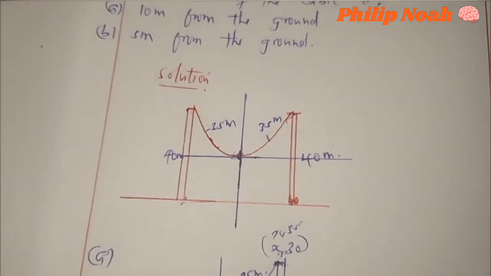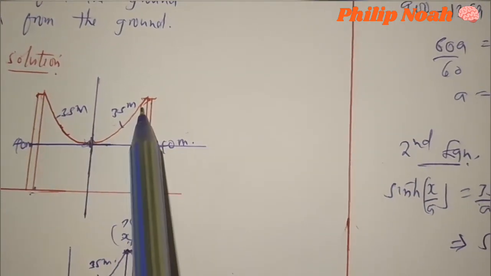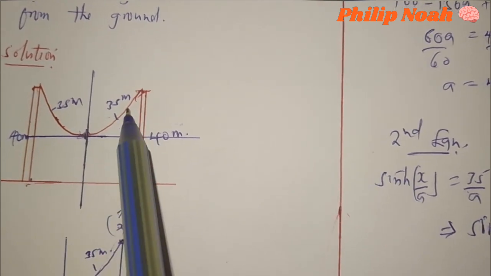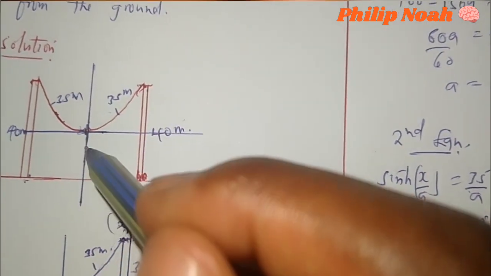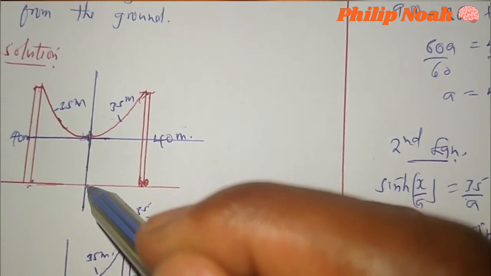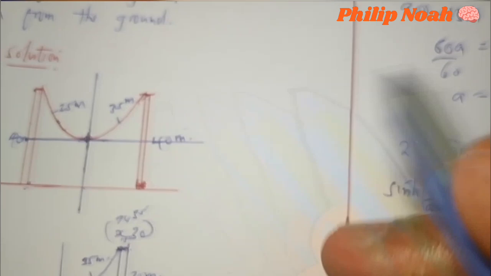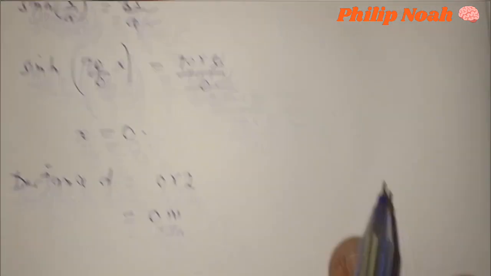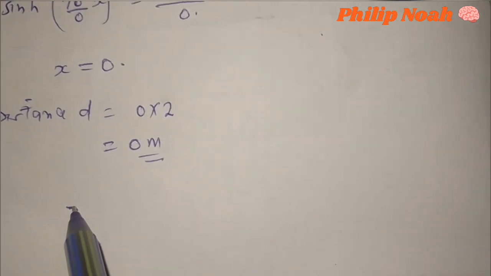Another one is reasoning. You can see that the half length of this cable is 35 meters. So if its center is 5 meters from the ground, and the length of the pole is 35 meters, it means that this cable looks this way. This is the top of one of the poles.